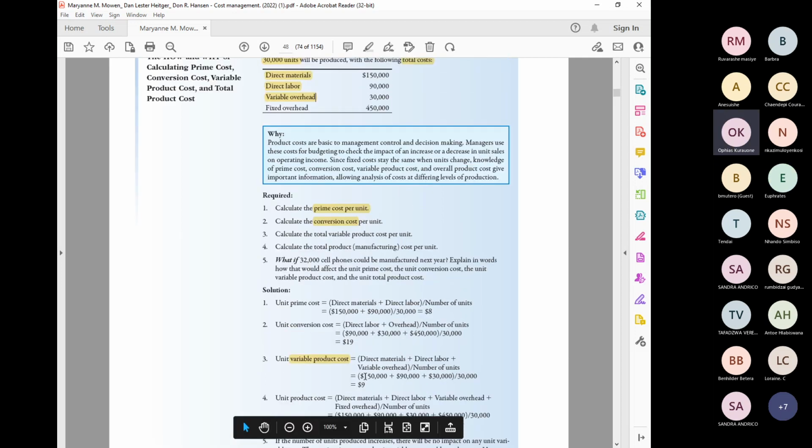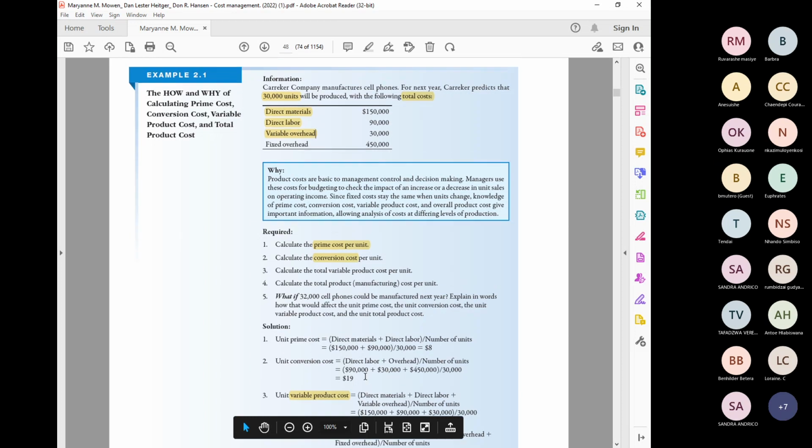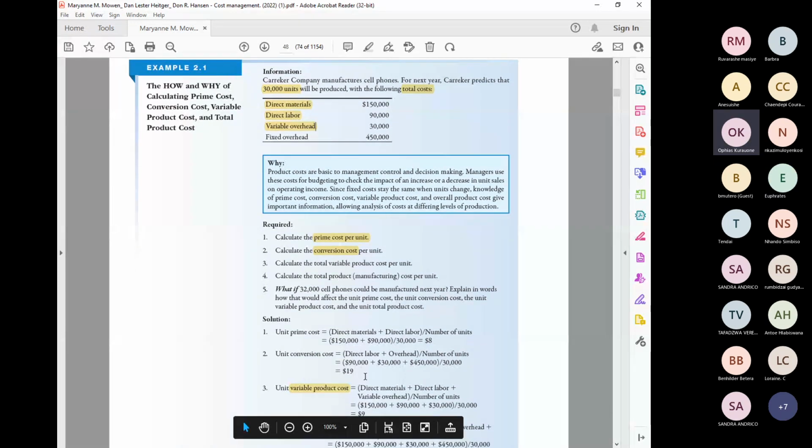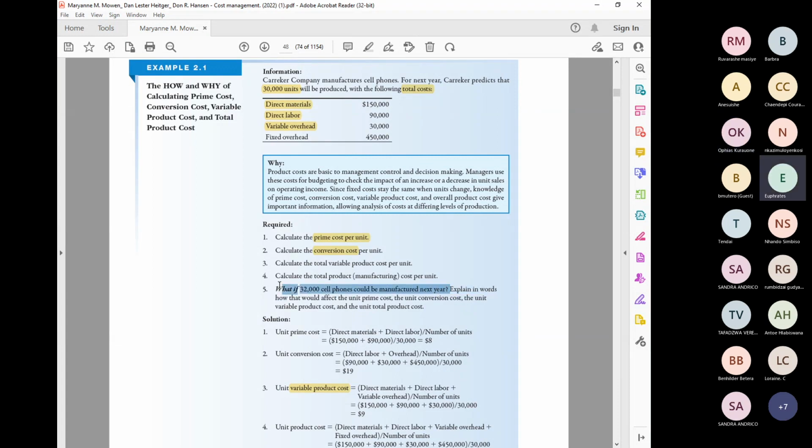This one was saying, what if 32,000 cell phones could be manufactured next year? This is very critical. It's target costing now, when I want to produce 32,000.